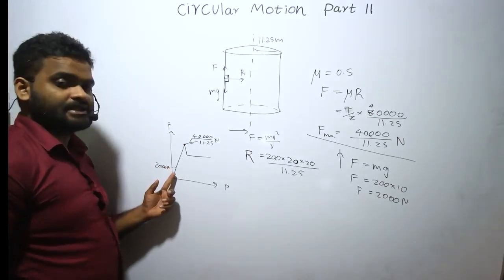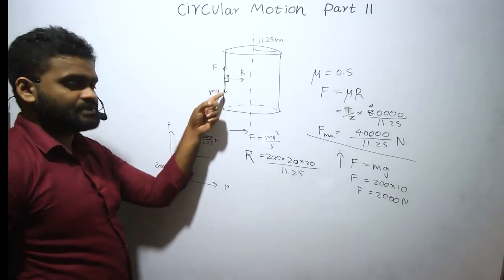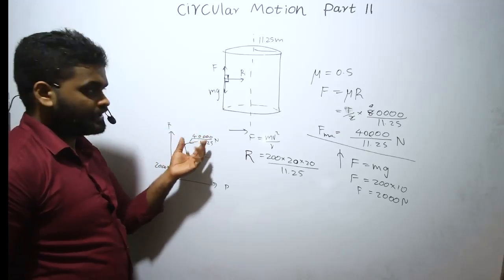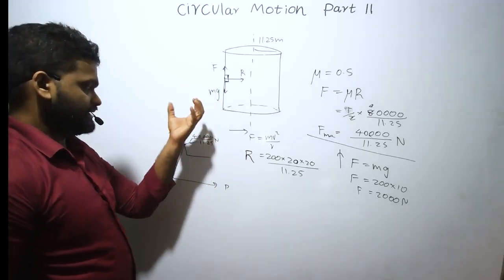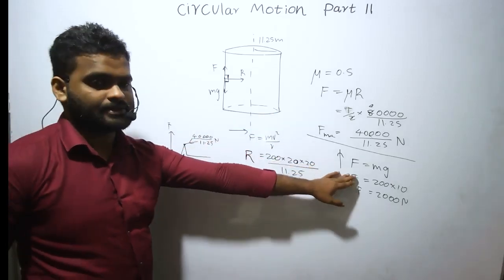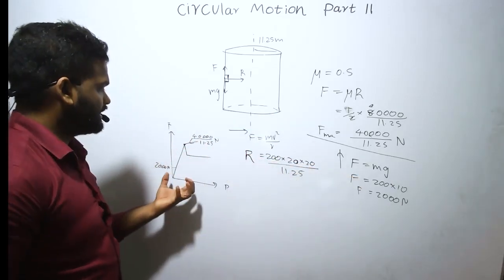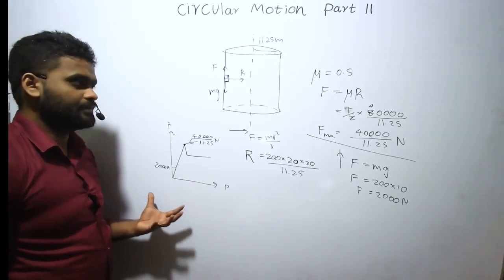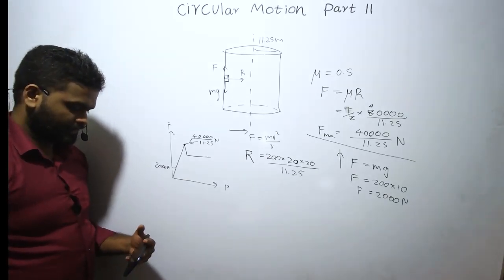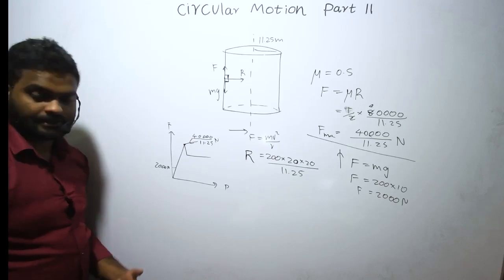This friction is enough in order to balance this mg, right? We don't need this much friction. So friction is equal or is less than the limiting friction always, right? So you need to understand this concept clearly about the friction. So the answer is 2000 Newton, right? Third one.